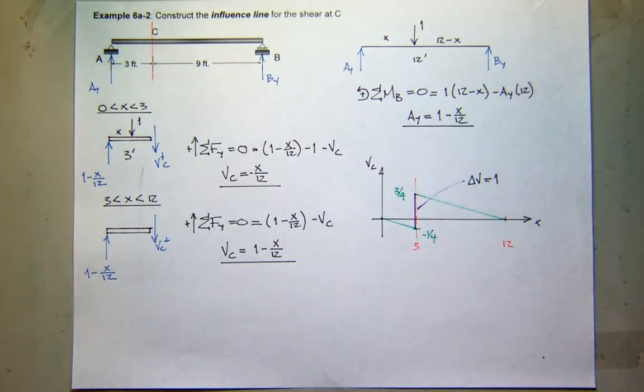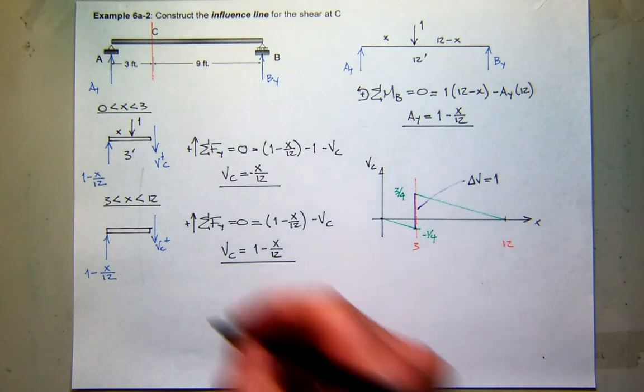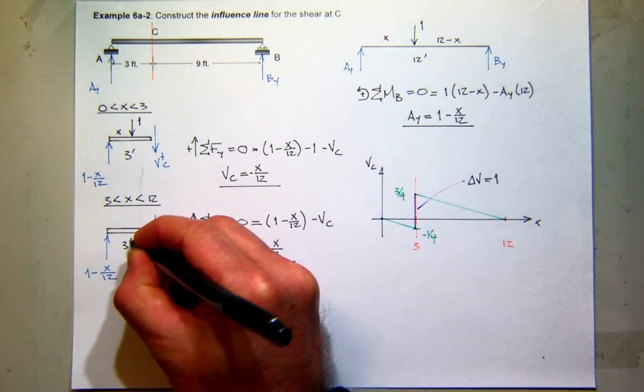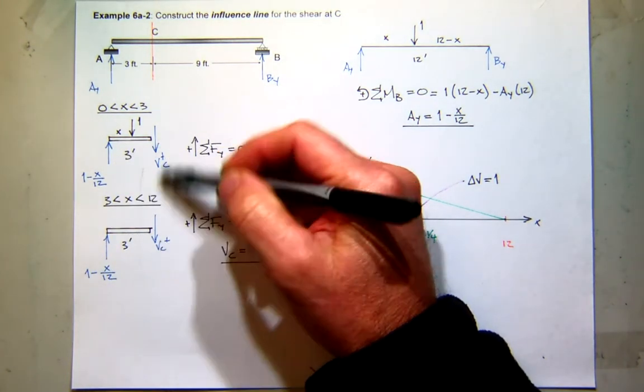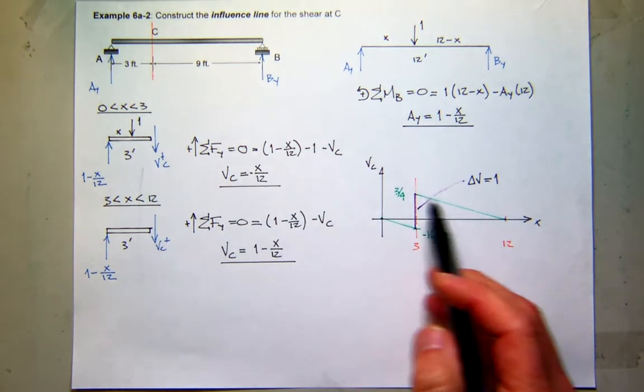Question. On the second little free body diagram from 3 to 12, why do you have your reaction from B on the left side and your C on the right side? I don't. This free body diagram is the same for both cases. This is A, Y, 3 feet over there's shear at C. Remember, the thing that's moving is the load.